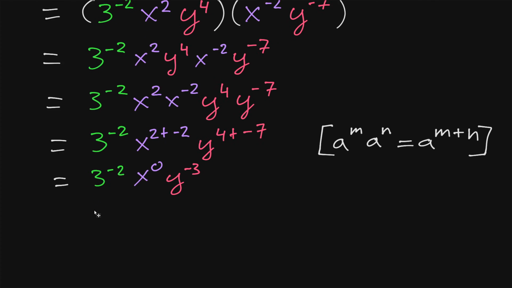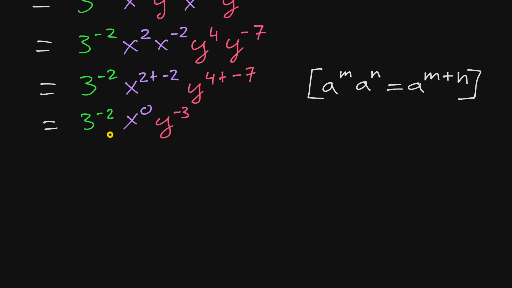And now we can see that we have an x to the power of 0 here. So we can apply another exponent law to evaluate this x to the 0. And this exponent law basically says that if you have any number to the power of 0, this is equal to 1. It's just an exponent law that you just have to remember.